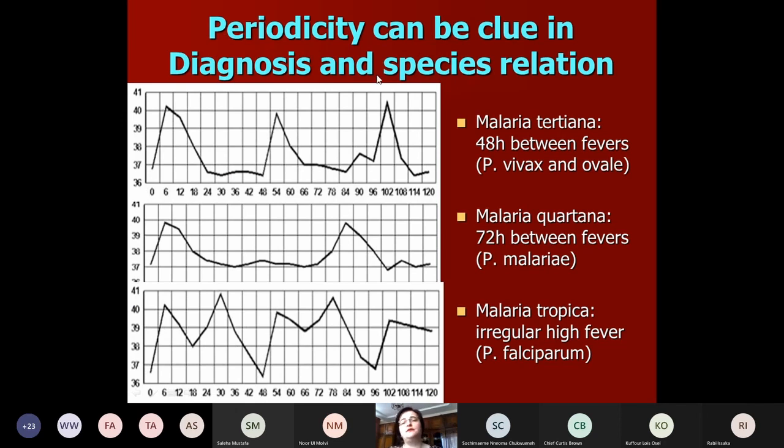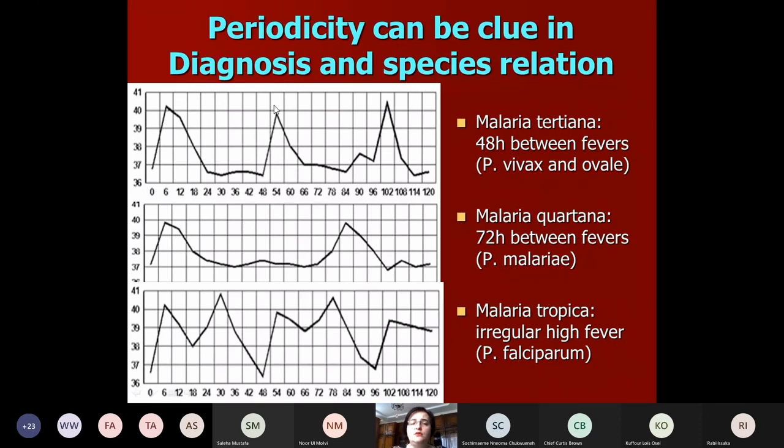Don't forget about periodicity, though really it's very hard to understand. But if it is clear that the parasite is vivax or ovale, the periodicity will be 48 hours, and we name this malaria tertiana.